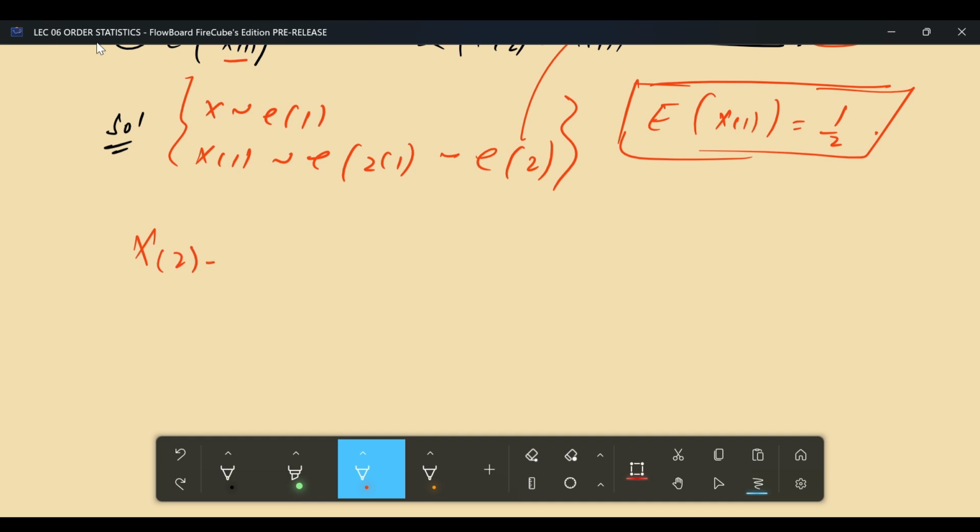Now we have the result that x2 minus x1 will follow exponential with theta equal to 1 upon 2 minus 1, that's 1.